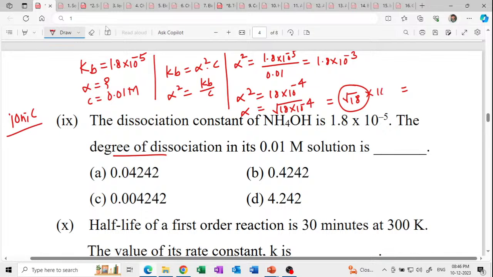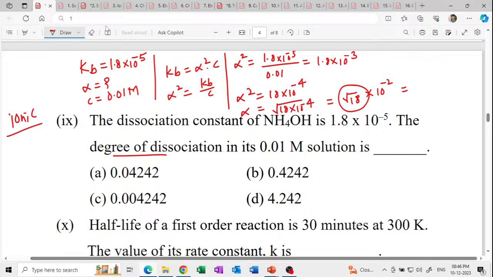Get it? So what is the under root of 18? The under root of 18 value is 4.2, because the options are given as 4.2. What will the under root 18 value be? It will be 4.2, because 4 squared is 16 and 5 squared is 25. My number 18 lies between these two squares, so 18 is in between 4 and 5.